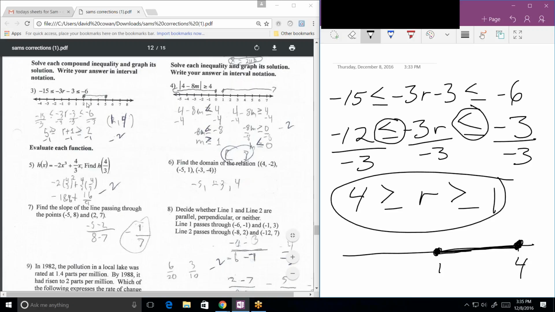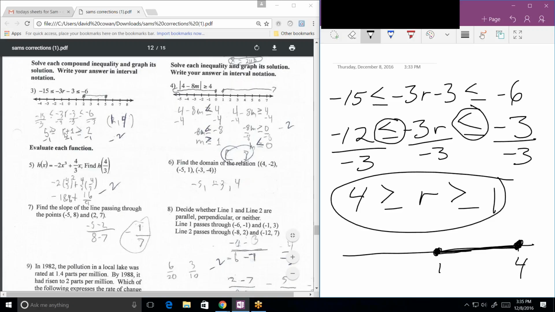Now I notice your answer was between 2 and 5, so you couldn't have been that wrong. I think you made your mistake because you divided by -3 first. And that left you with the r plus 1 there, and you never moved the 1.